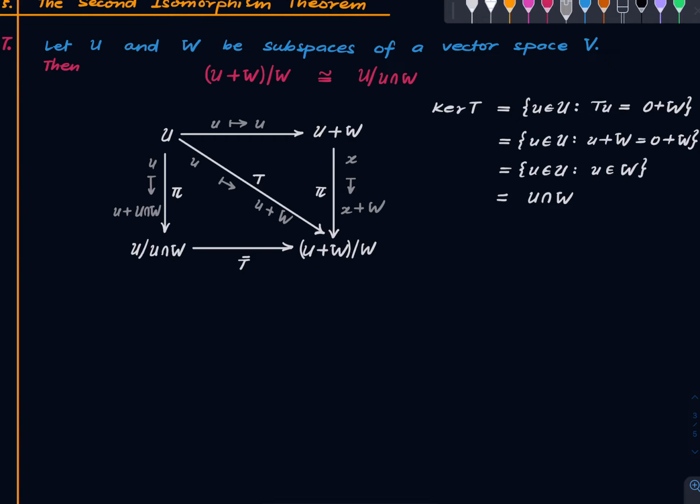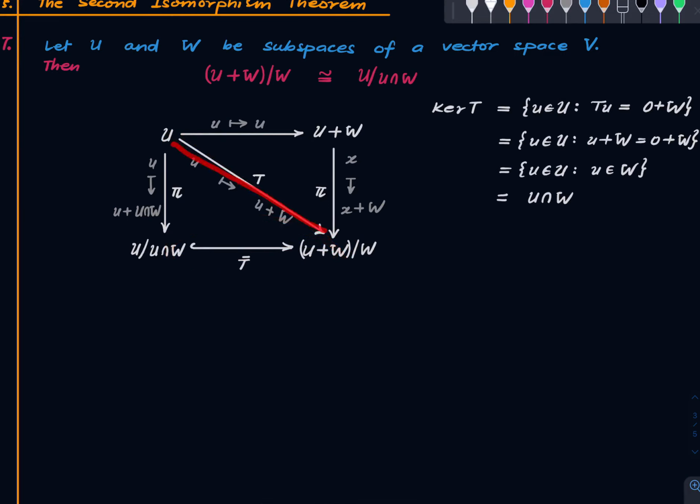Now T bar is injective. We claim that T bar is also surjective. And that will follow if we can show that this is surjective. Once this is surjective, this is automatically surjective. This is a purely set theoretic fact. If you factor out a surjective map, then this will be surjective.